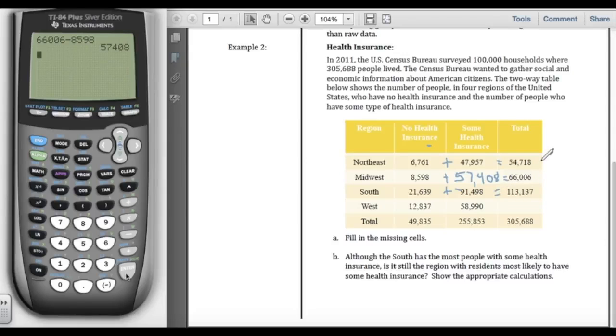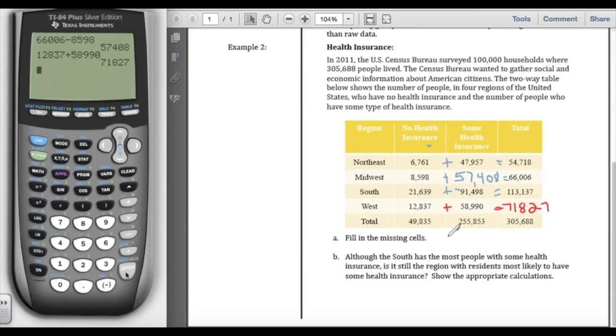And to fill in our last blank here for the West, its total, I could take the 12,837 plus the 58,990 to get the missing total there. So I get 71,827.